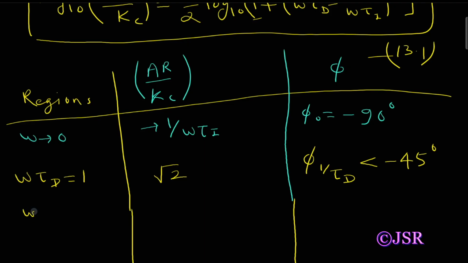So when omega tau I equal to 1, the another corner frequency, this will be under root 2 and phi at 1 upon tau I will be greater than 45.